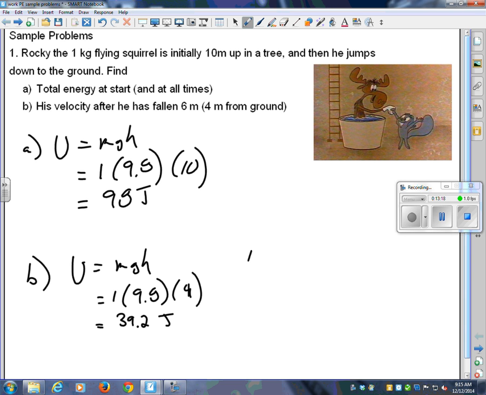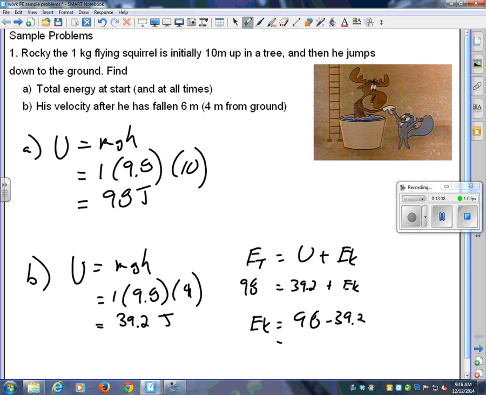That means total energy is potential plus kinetic. 98 equals 39.2 plus EK. So the kinetic is 98 minus 39.2. I always get to this point here.